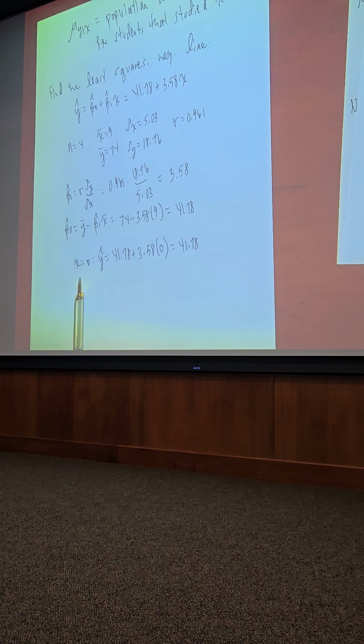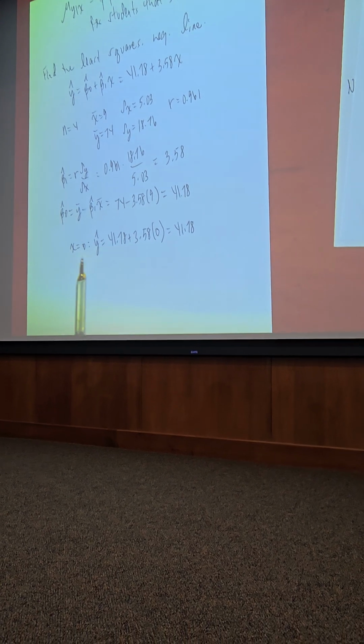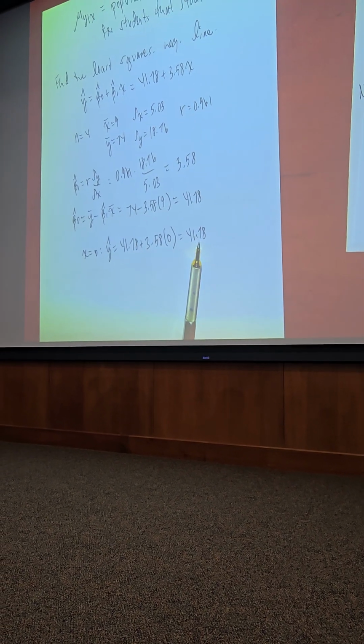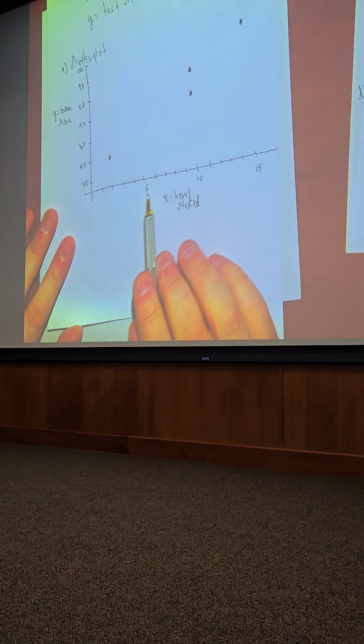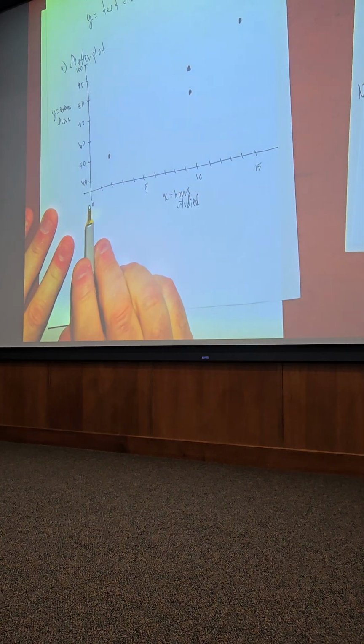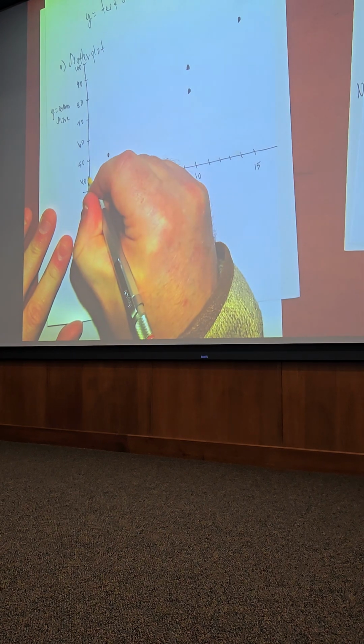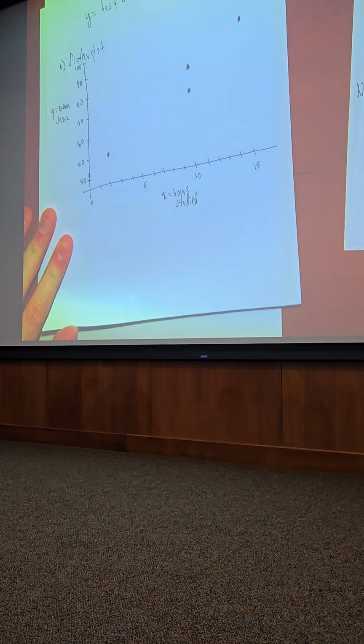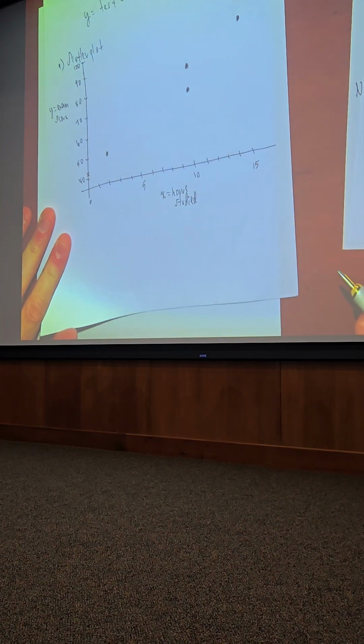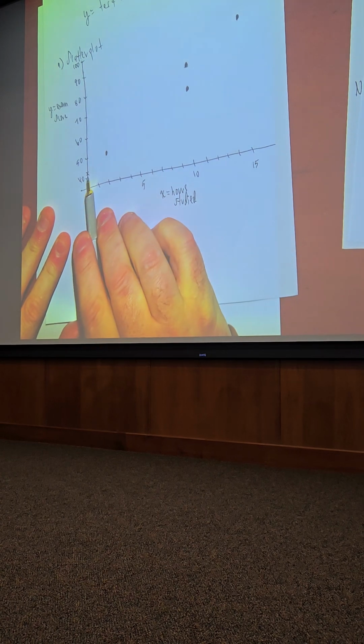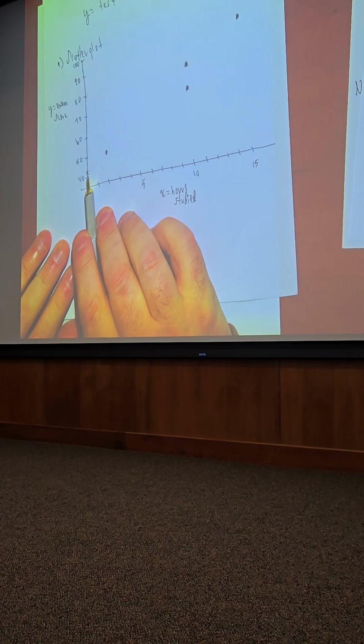What we just did here was, when x is 0, the height of my regression line is 41.78. Let's graph that in. So here's 0 for x. The height of the regression line is 41.78, right about there. Okay. So there is 1 point on my line.